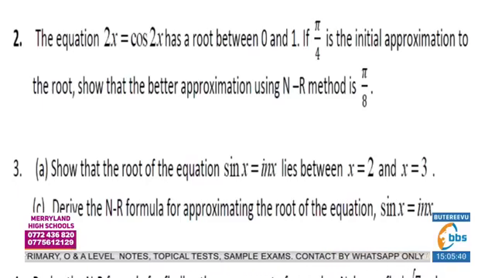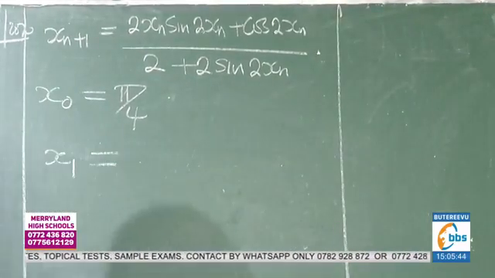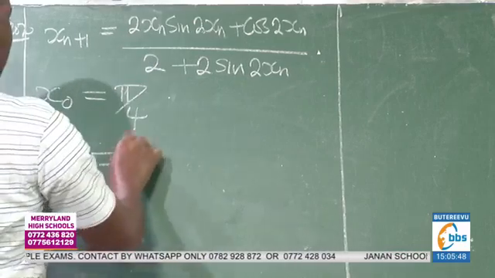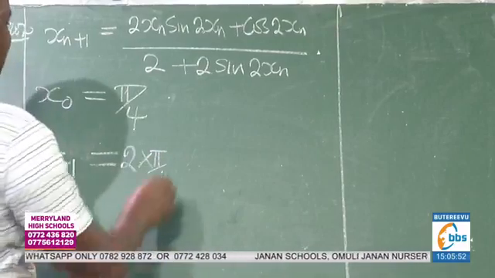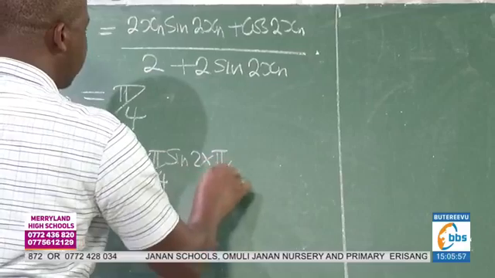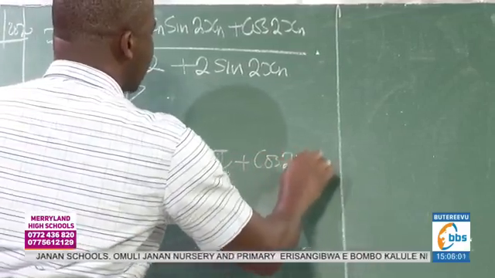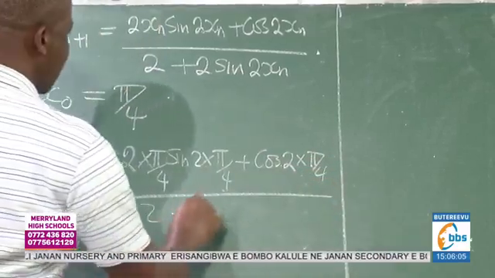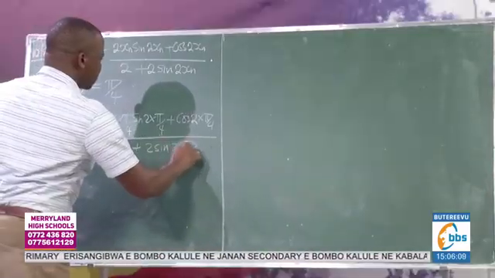We will be substituting. The better approximation which we want is actually x1. And our x1 is going to be equal to 2 times pi over 4 times the sine of 2 times pi over 4 plus the cos of 2 times pi over 4, over 2 plus 2 the sine of 2 times pi over 4.